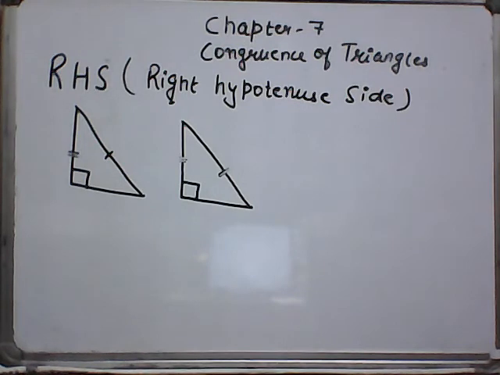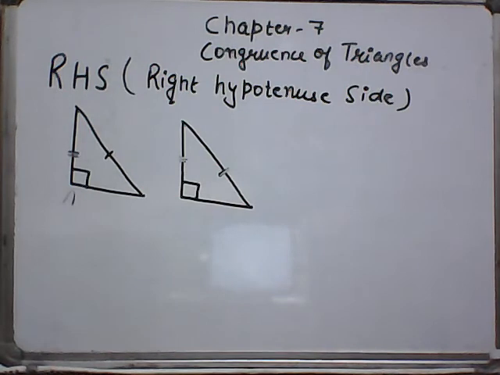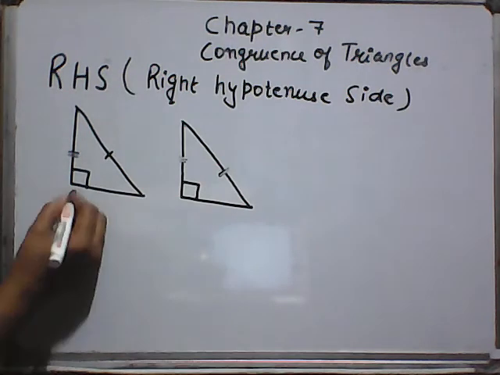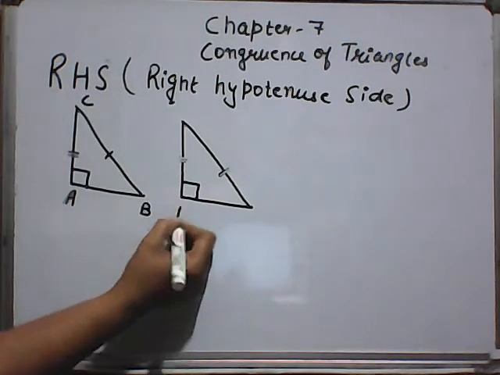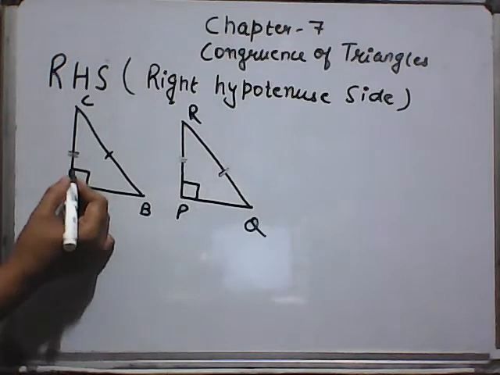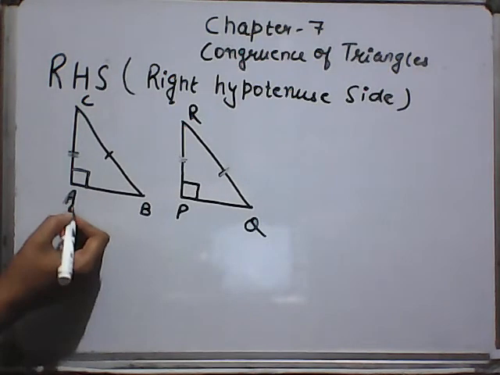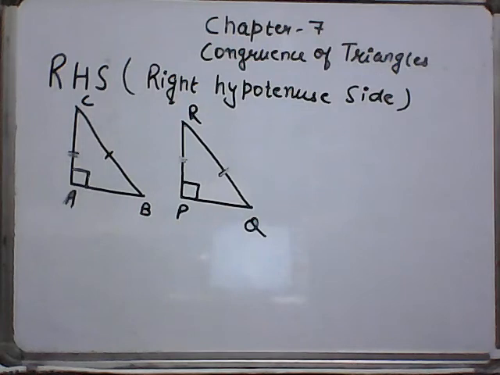Suppose two triangles are given to you, ABC and PQR. ABC is right angled at A. Angle A is given as 90 degrees.